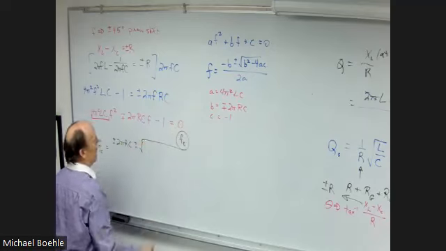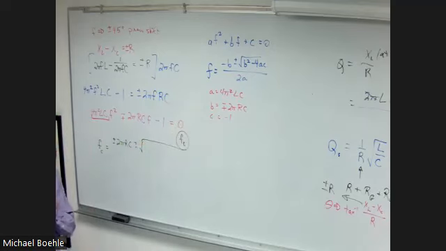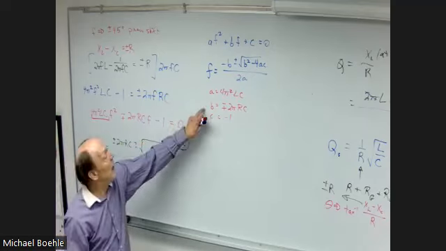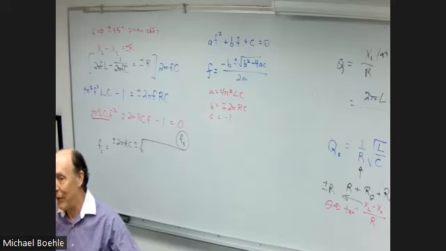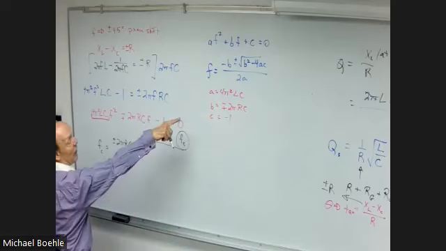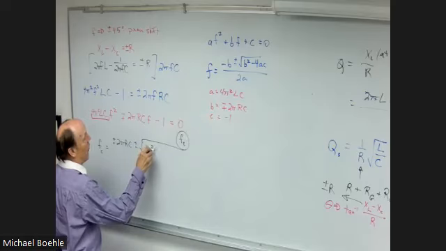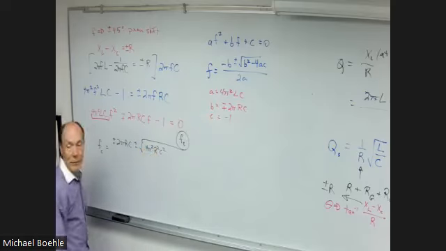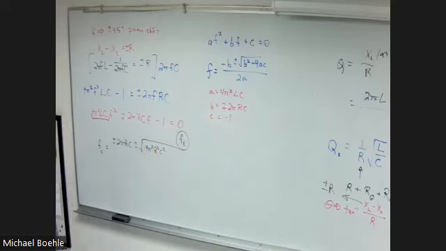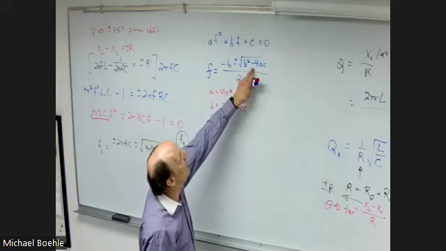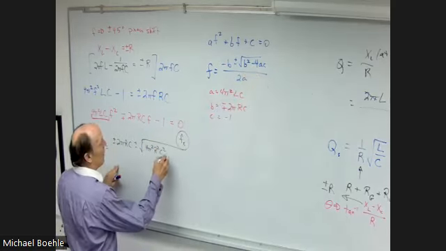quadratic. Now, b squared. Well, b is plus or minus, but when I square it, it's always going to be positive. Okay, so when I square that, I get 4 pi squared R squared C squared, minus 4 times a, so that gives us another 4 pi squared LC.